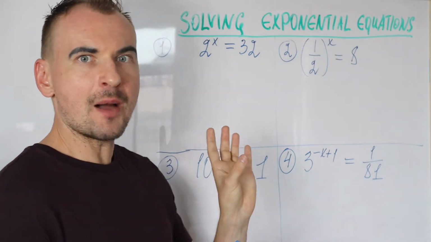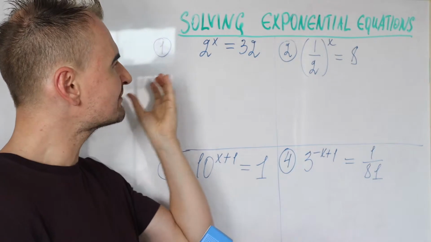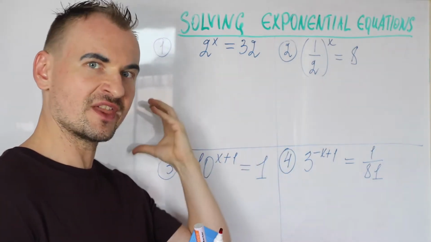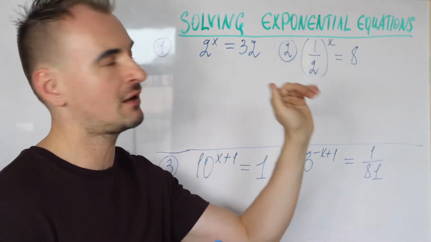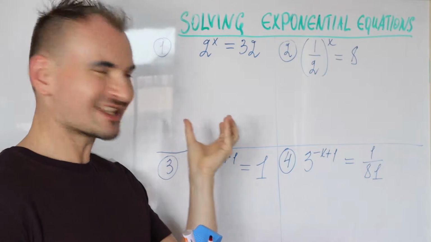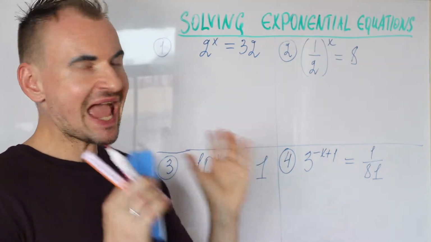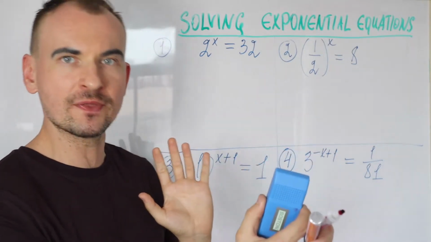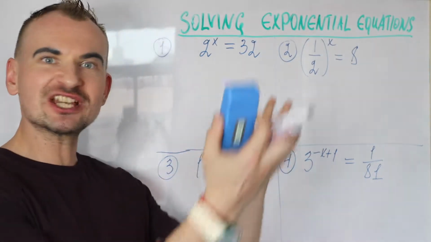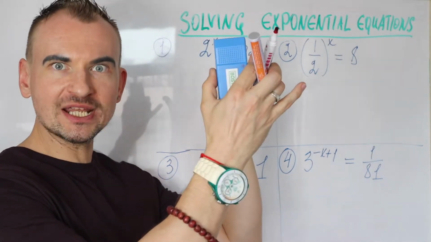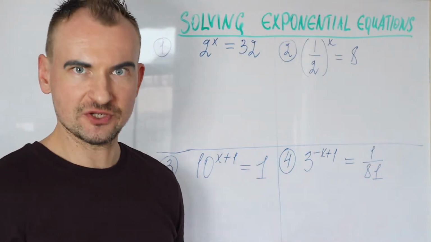As a rule of thumb, you want to express all terms on both sides, on the left side and also on the right side, to the same base. As soon as you have the same base on the left and right sides, you can just set their exponents equal to each other.